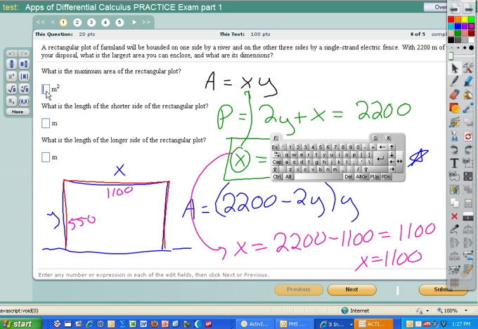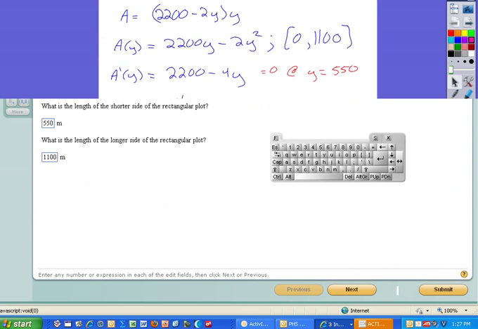What's the length of the shorter side? 550. Longer side? And then the area? Well, we could either go back and plug it in if we want to.